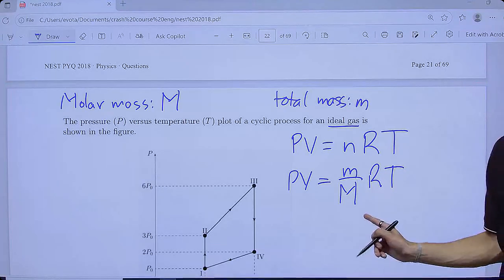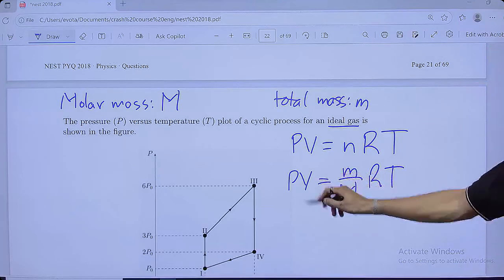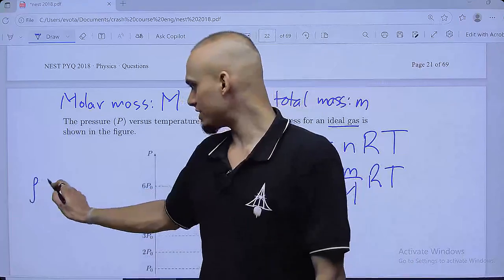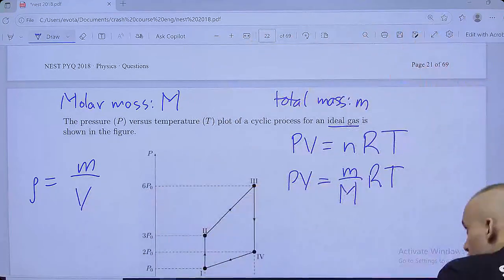Now, why is it important? Because the density of the gas will be equal to total mass upon volume. The density is given by the total mass of the gas upon the volume of the container in which it is kept.